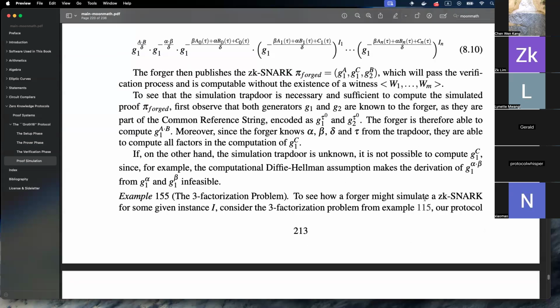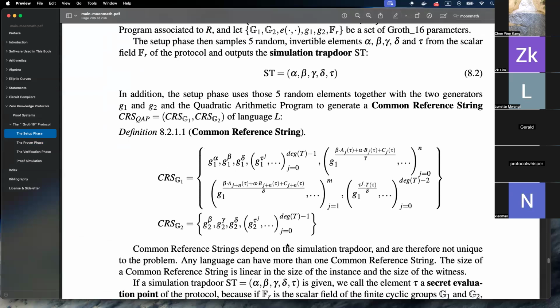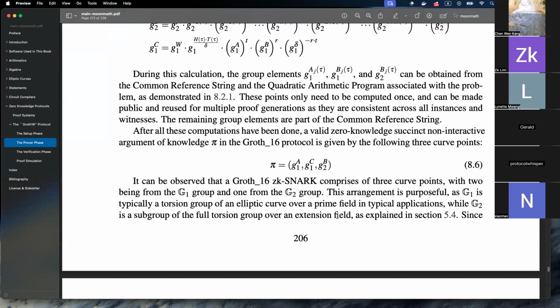Yeah. So the computational Diffie-Hellman assumption makes G1 times alpha beta from G1 alpha, G1 beta infeasible. And this is very important. If you look at the setup phase, we can only do calculations based on these values. We don't know alpha beta. But if we know alpha beta, we can change it up so that in the prover stage, let's look at this.